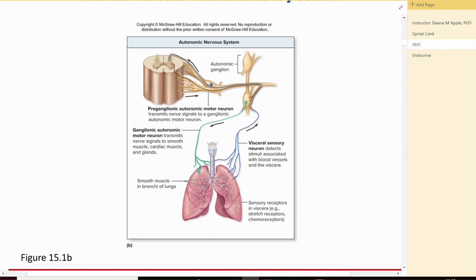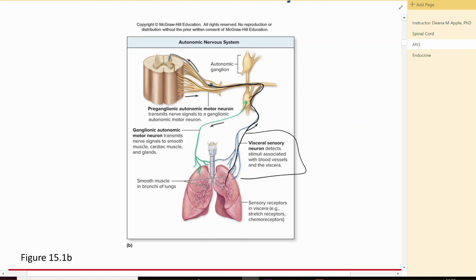So the organization for the autonomic nervous system is a little bit different. So instead of just having a sensory neuron coming in and a motor neuron going out, we go through an autonomic ganglion. So we have a visceral sensory neuron that will detect a stimulus from one of your visceral organs. So that sensory receptor is going to stimulate this neuron.